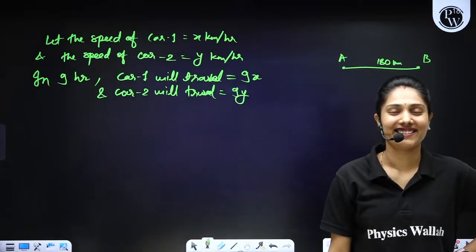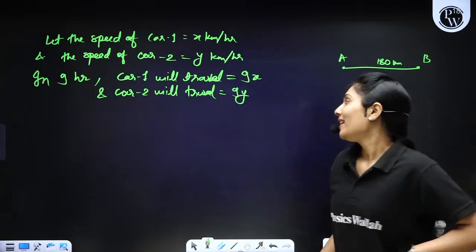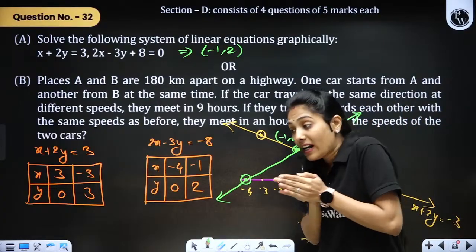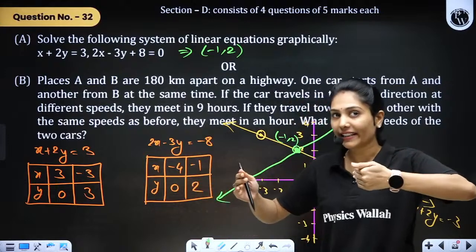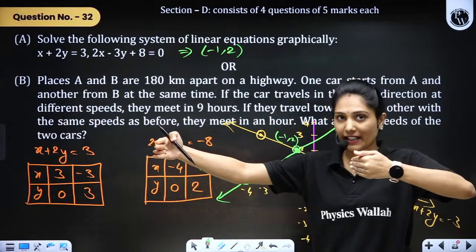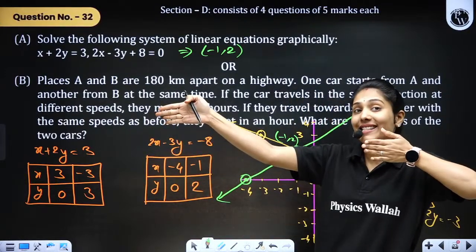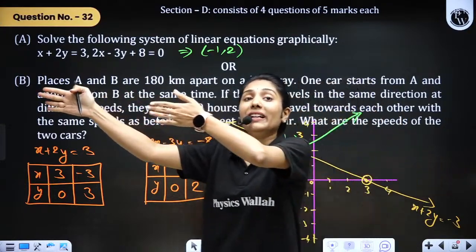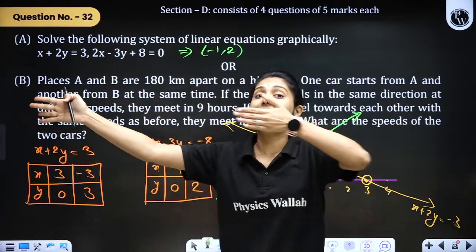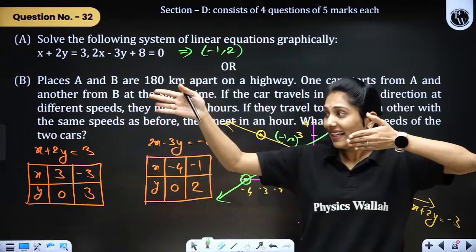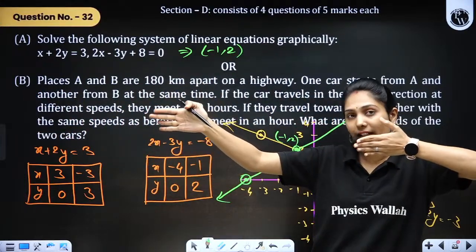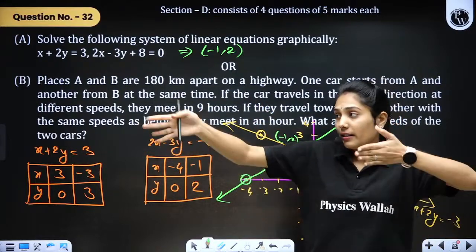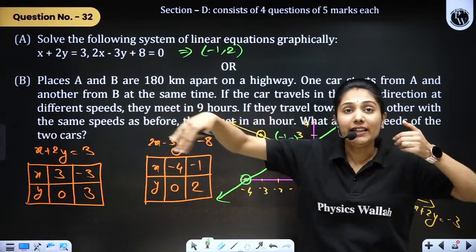Okay. Now what it says: when these two cars travel in the same direction, one starting from A, other one starting from B, and they are moving in the same direction like this, after 9 hours they are meeting each other. So when they started, distance between them was 180 kilometer, right?